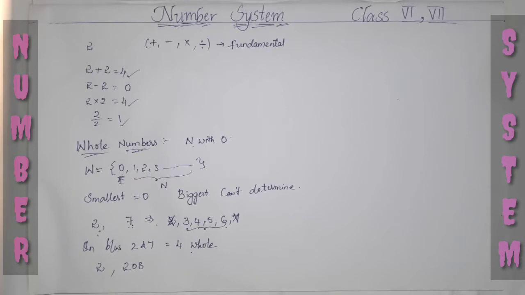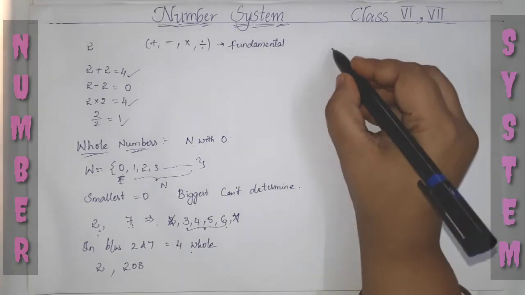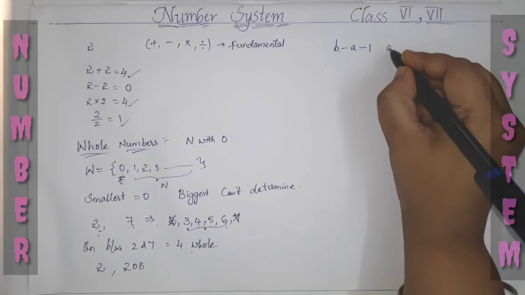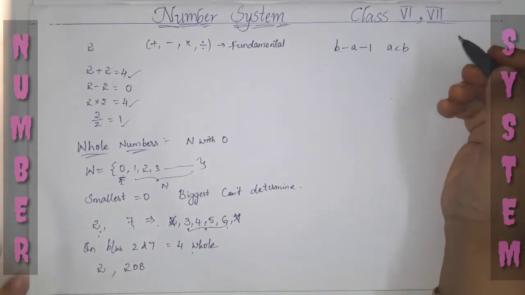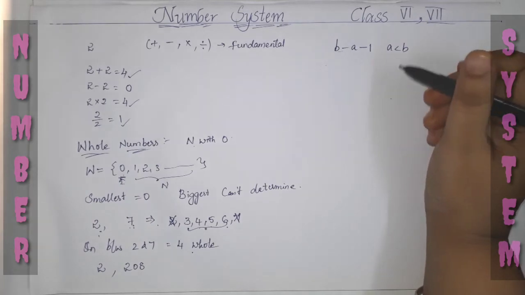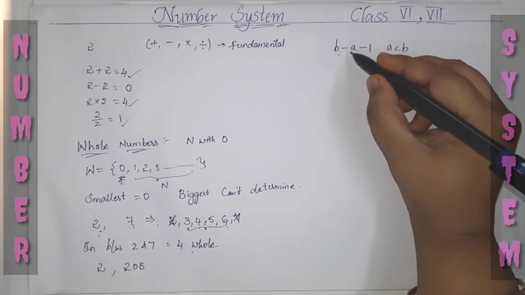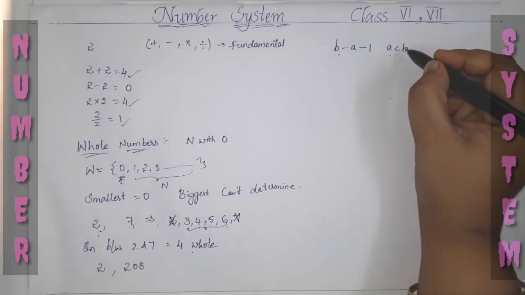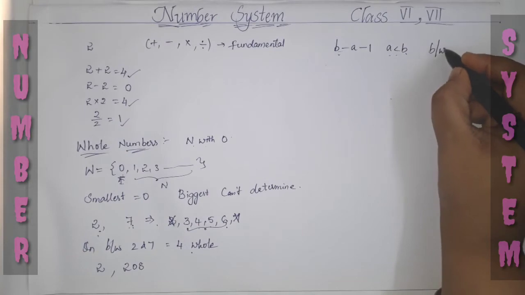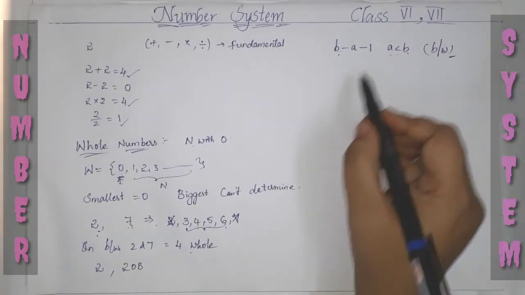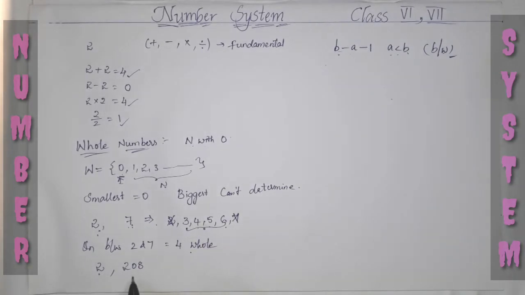Whenever they ask about big numbers, we have to follow one formula. What is that? B minus A minus 1, where A is less than B. Whatever numbers are given, to find the numbers in between them, we have to use this formula. B minus A minus 1, where A is less than B, meaning the B value should be greater. Whenever they ask between, you have to note this. The given numbers are 2 and 208.